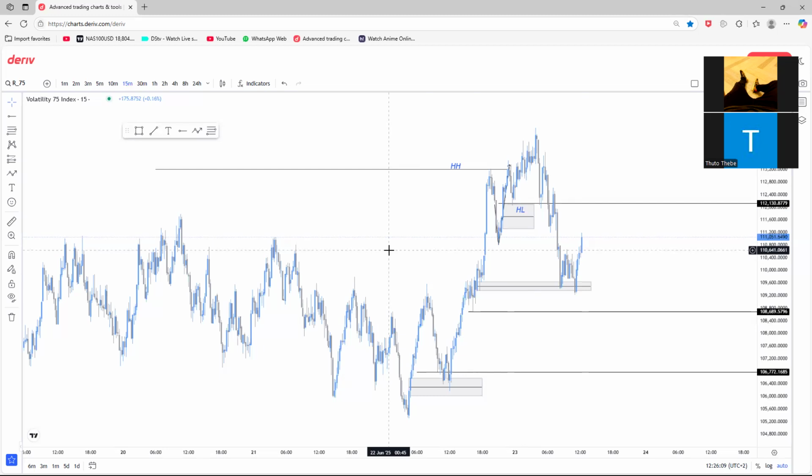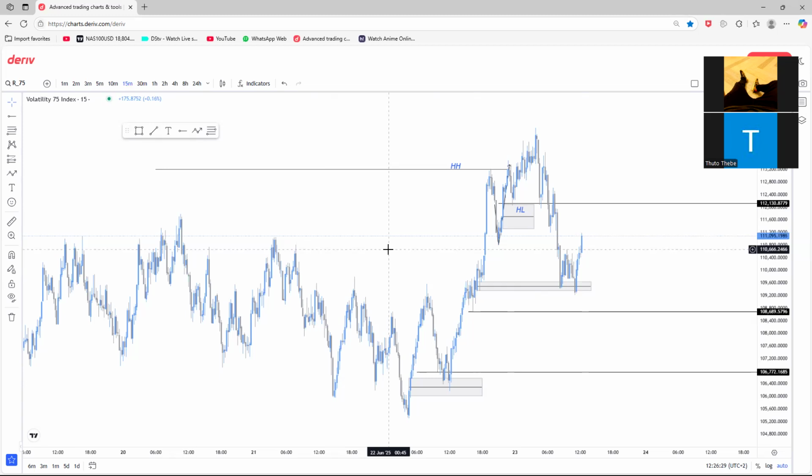Exactly. So you see a higher high, you mark the highest point out of all the other points that you are seeing compared. You can pick whichever one you like, as long as it's higher than the previous high.